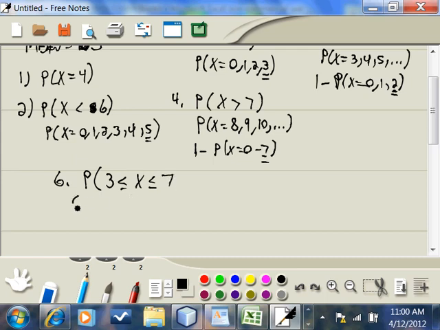If I start at 0, 1, 2, 3, 4, 5, 6, and 7, and I subtract off 0, 1, and 2, that'll leave me 3 through 7, which is what I want here. Notice each one of these is going from 0 up to a number. That's from 0 to 7, and this is 0 to 2. So we're ready to plug that in.